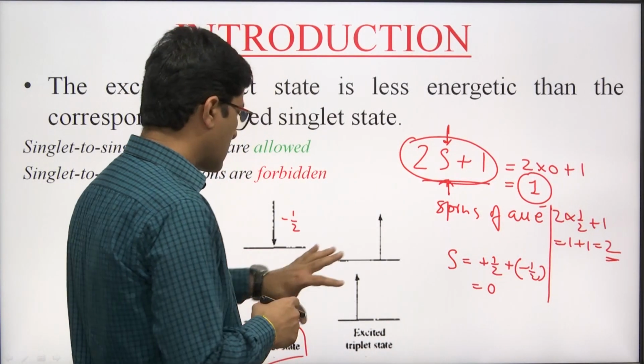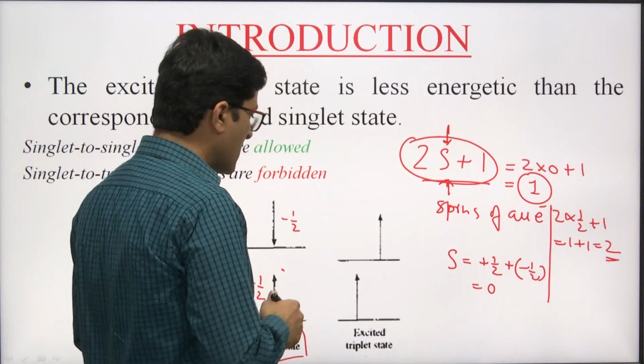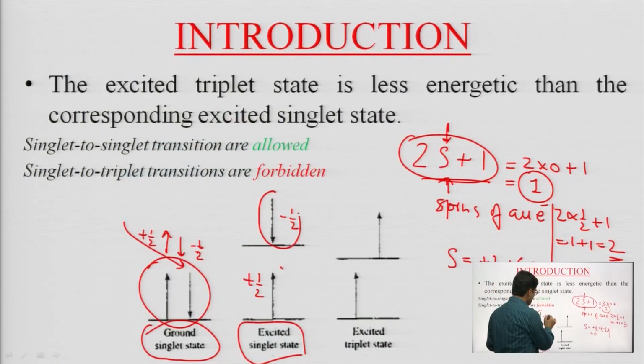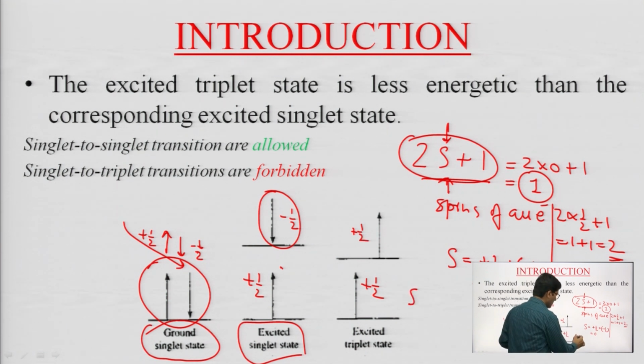Whereas, when this situation changes a little bit and the spin of the excited state electron changes, like in this case it is 1 by 2, and if it is also 1 by 2, then the overall spin will become plus 1 by 2 plus 1 by 2, that will be 1. So, 2 into 1 plus 1 will give you the value 3.